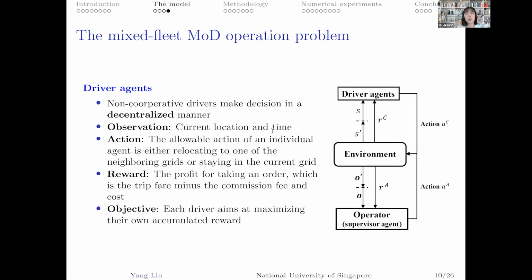By looking at the current location and time, they choose where to go after they complete one order, or whether to stay in the current location and wait for the next customer. The reward for the driver agent is the profit for taking an order minus the commission fee and the relocation cost. Every driver tries to optimize their own profit.